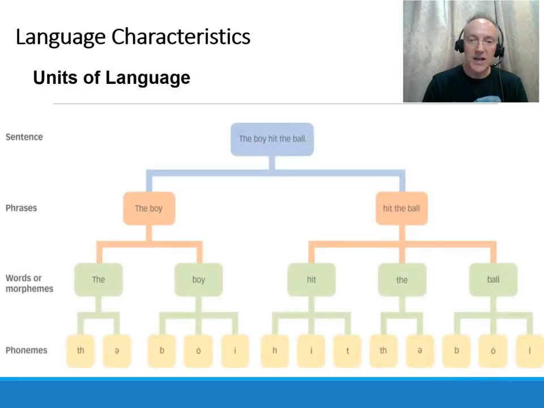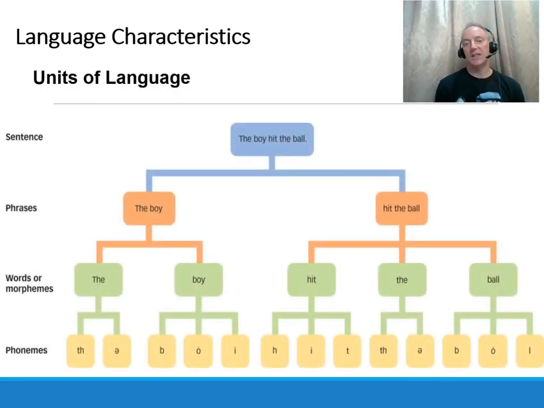So you could take a simple sentence like the boy hit the ball. Every word in that sentence is a morpheme, and each of those words is made up of individual speech sounds, phonemes.